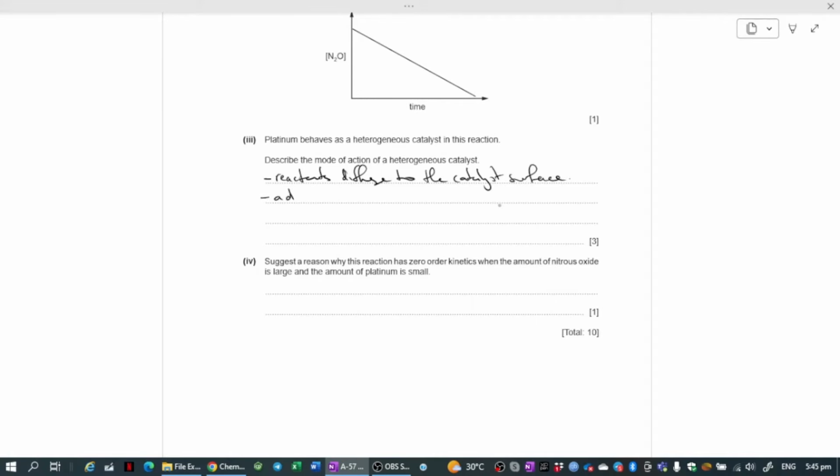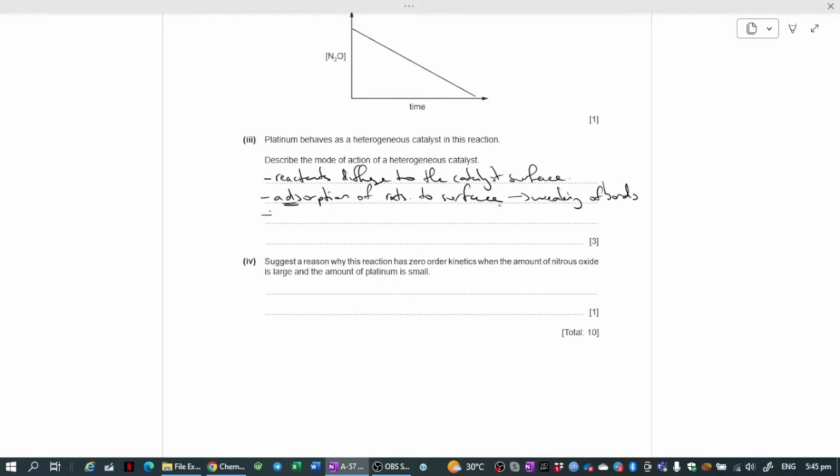Then there is adsorption, not absorption, adsorption of the reactants to the surface. And this adsorption is such that it leads to a weakening of bonds in the reactants, right? So there's diffusion, adsorption, which leads to a weakening of the bonds.